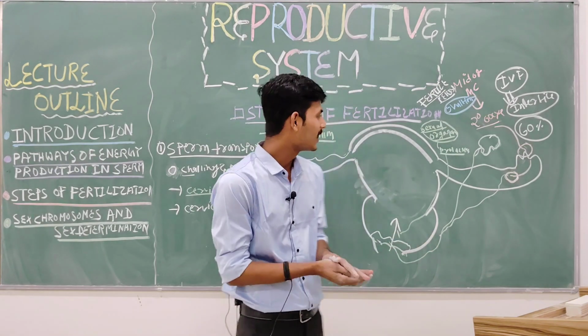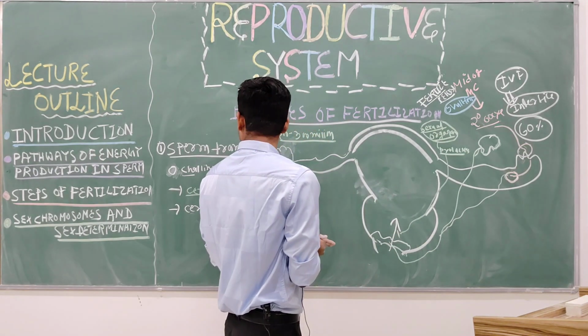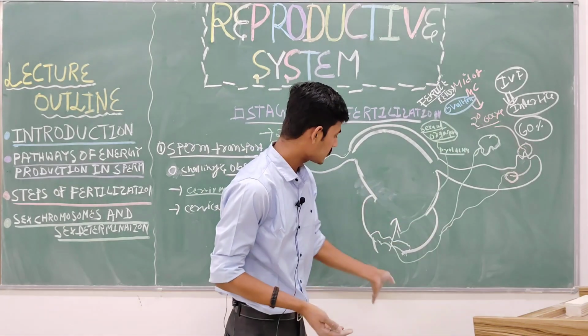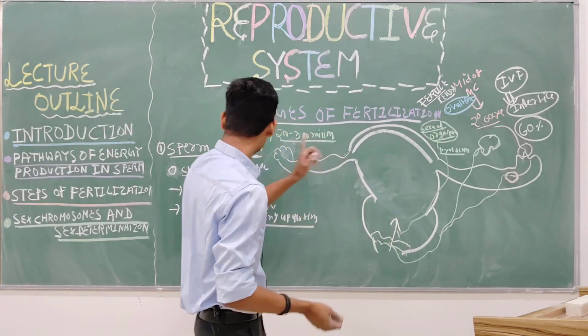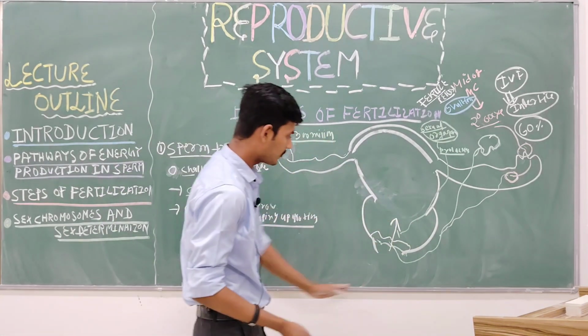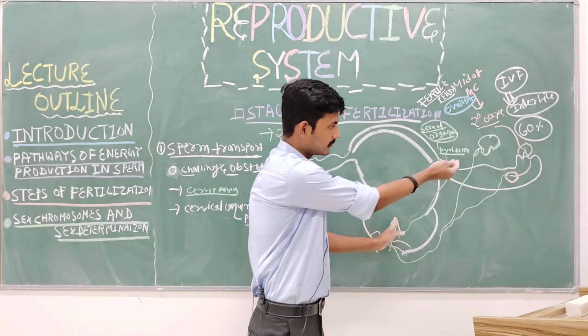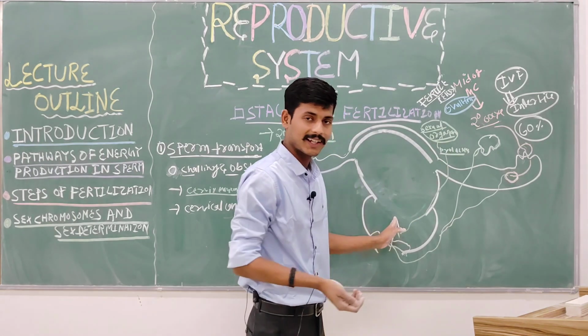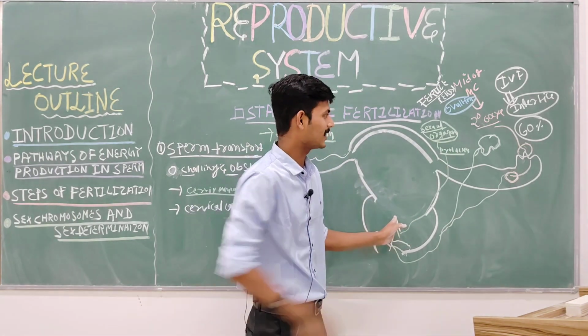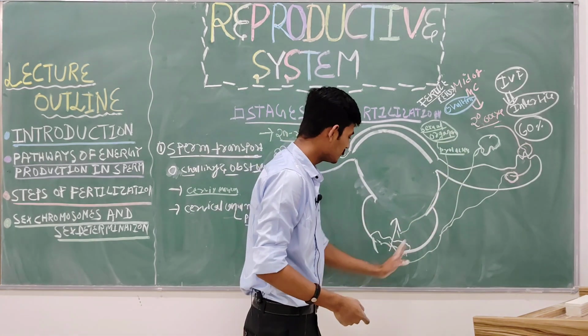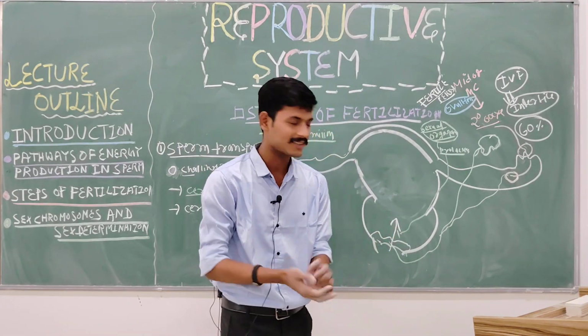So the sperm have to go first. That's the first stage, sperm transport. The sperm first have to enter the female reproductive system. Then only his partner, the egg, is able to manage.